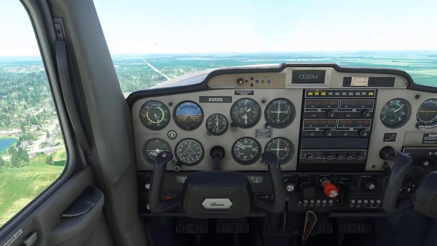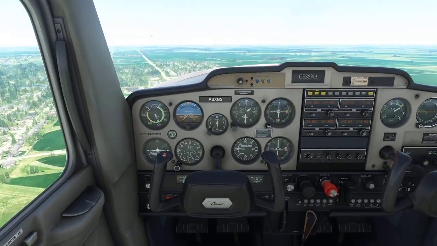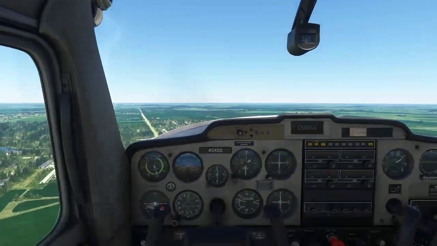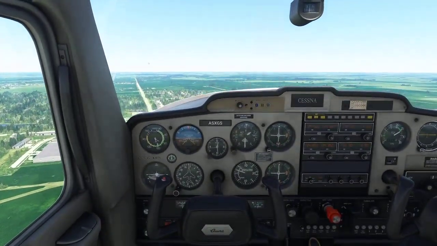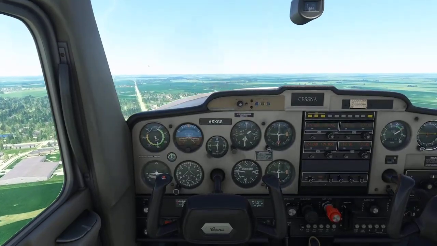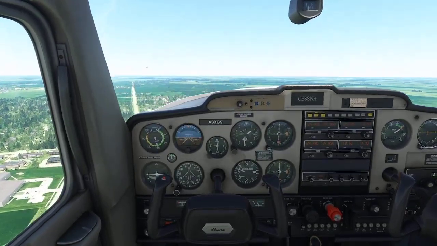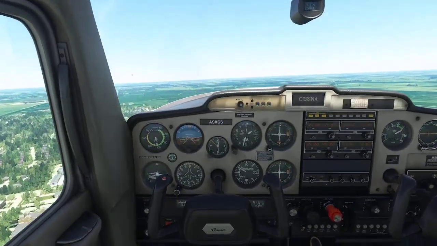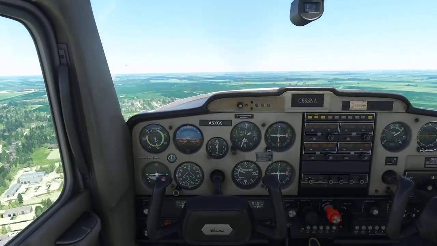So if you have two monitors, it's going to be better because you want one monitor on your altimeter and your instruments. Although you do want to be looking outside. But I find that because I'm having to look out left, I sometimes lose my altitude. Quite honestly, so I'm fighting the wind.